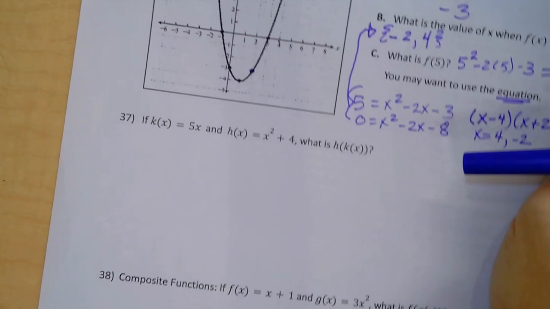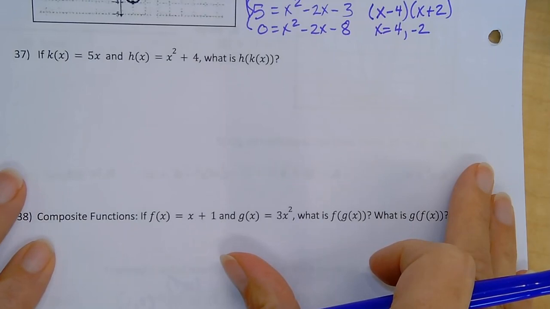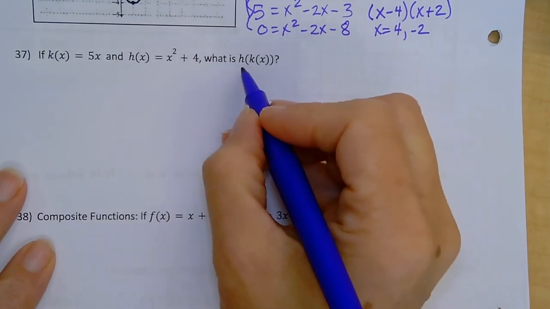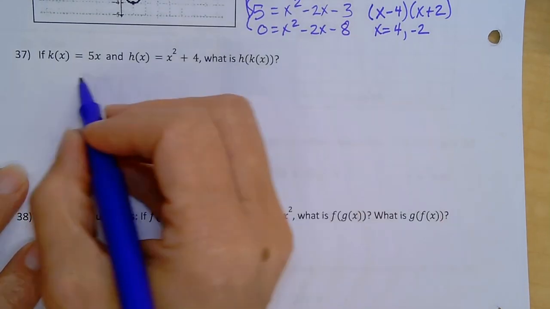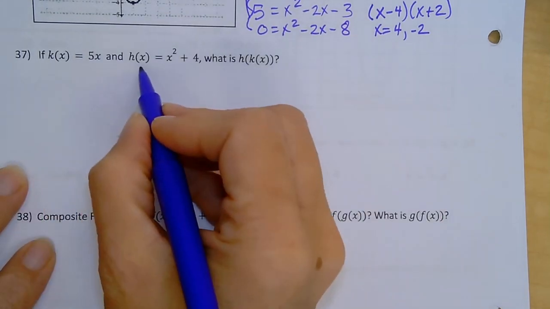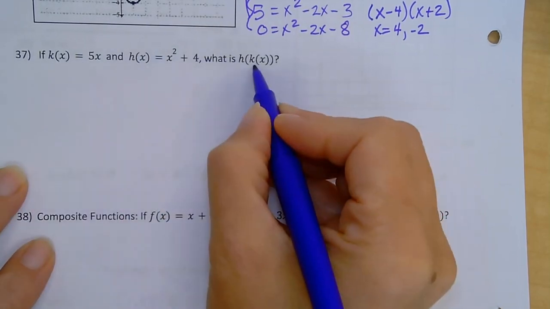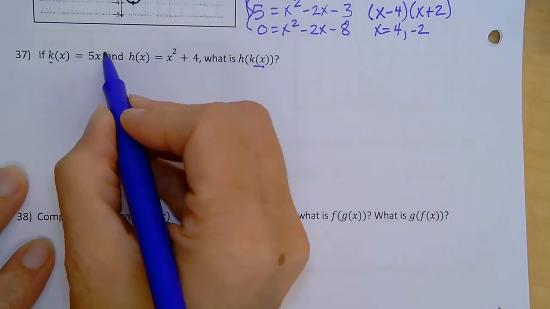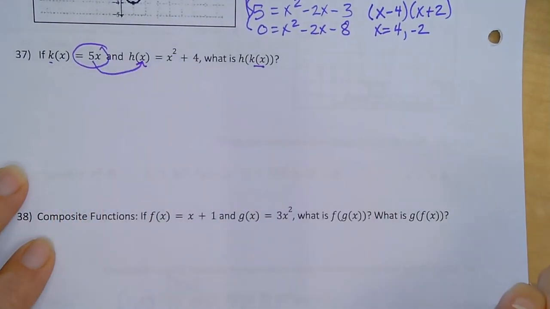All right, number 37. If k of x equals 5x and h of x equals x squared plus 4, what is the h of the k of x? Well, all I'm going to do is I want the h of x when the input is the k of x, right? So if k of x equals 5x, I'm just going to plug that in as my input.